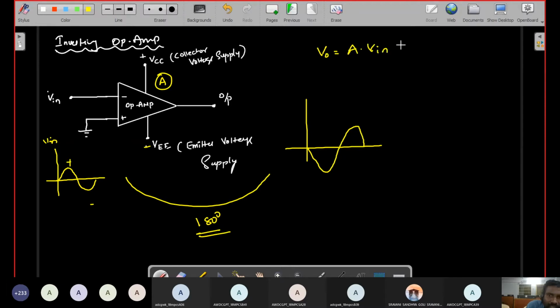Whatever input voltage is given to the inverting terminal, the output of the operational amplifier is increased gain times, and at the same time it shows a 180 degree phase shift. So it will be amplified as well as maintain a 180 degree phase shift corresponding to the input signal. So this type of amplifier is called an inverting amplifier.